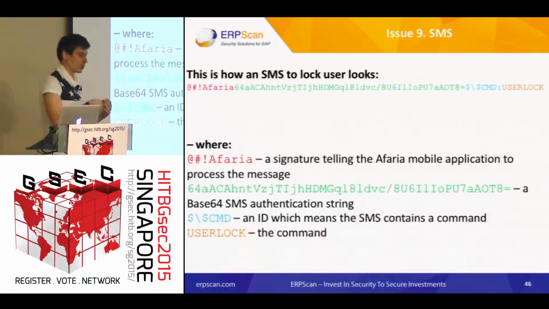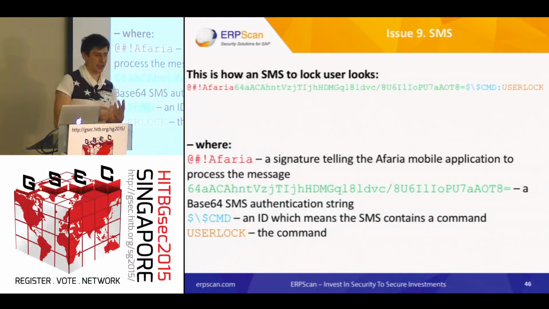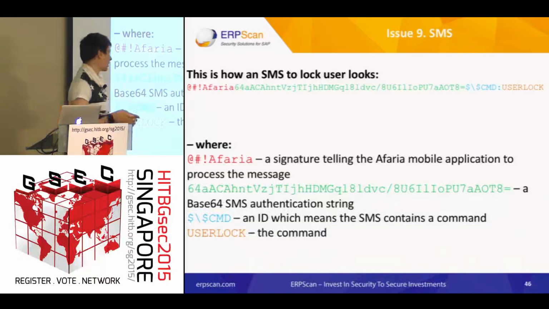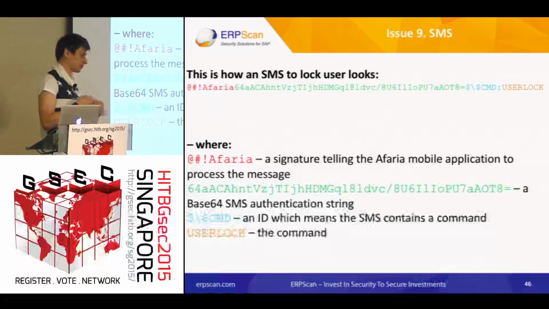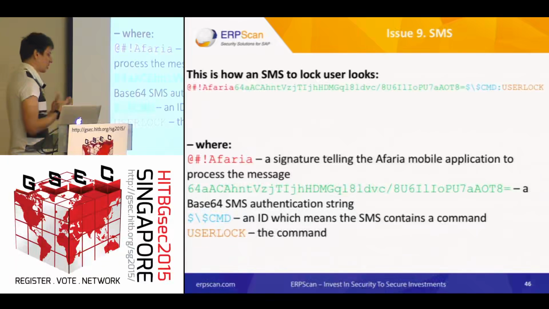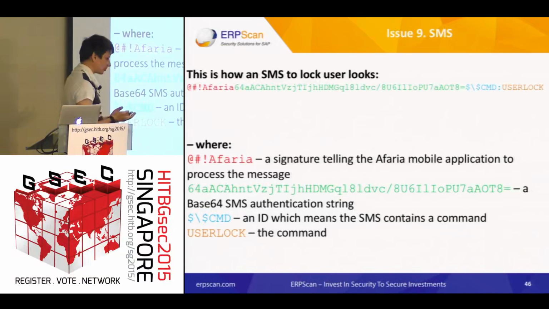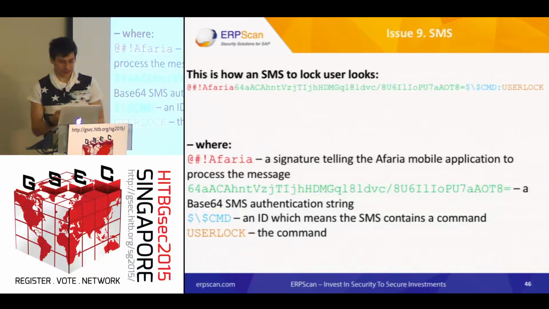If we send an SMS with the signature, first of all, the Afaria client tries to parse this SMS, and if the Afaria client sees this signature in the SMS, it knows it's a control SMS, and this type of SMS will not be shown to the user.